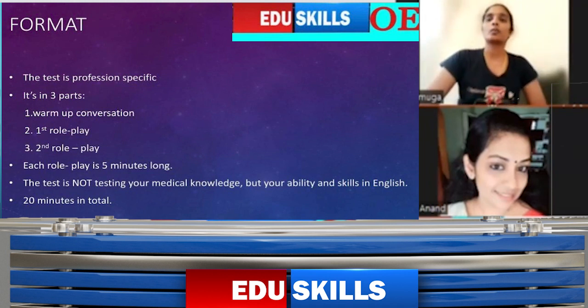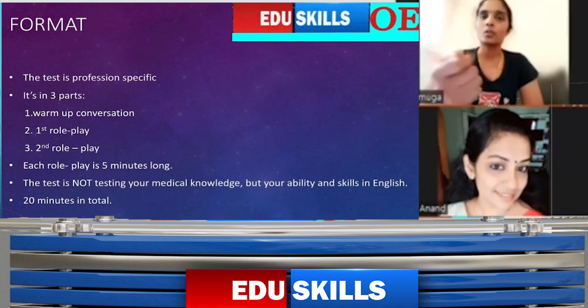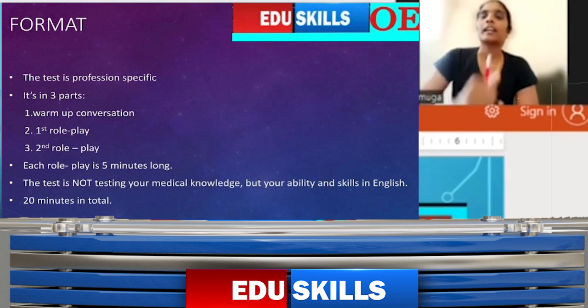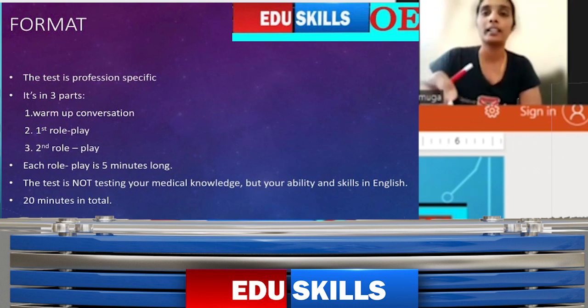The first one is the warm-up session, the second one is the first role play, and the third one is the second role play. Each role play is 5 minutes long. You have to remember this role play tests your ability and skills in English, not your medical knowledge. So do remember that. This whole test will take 20 minutes.